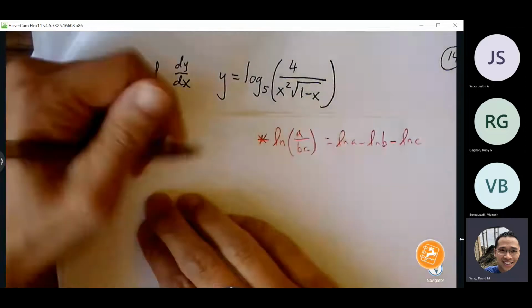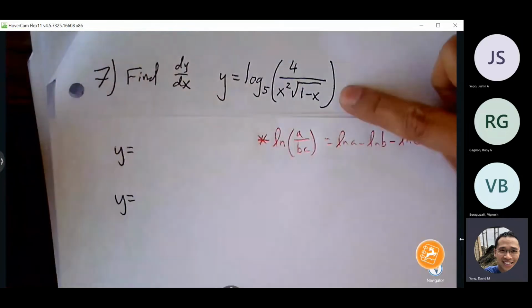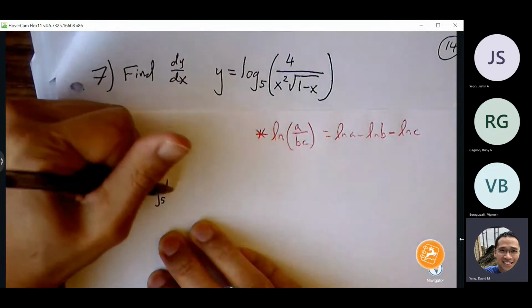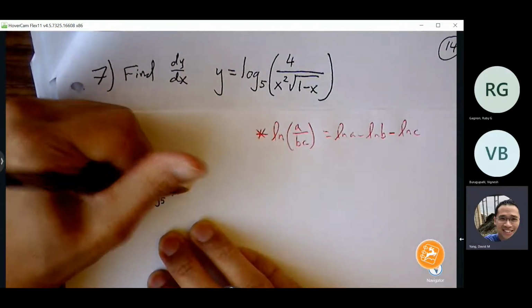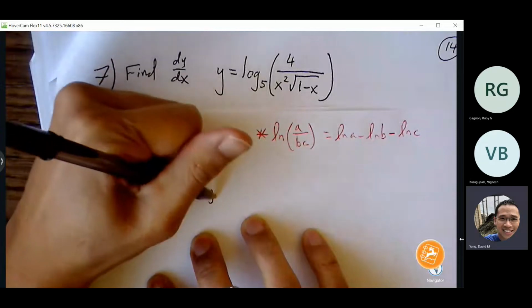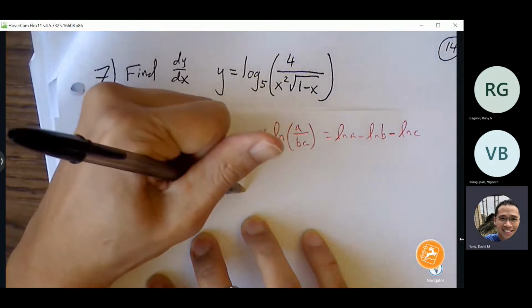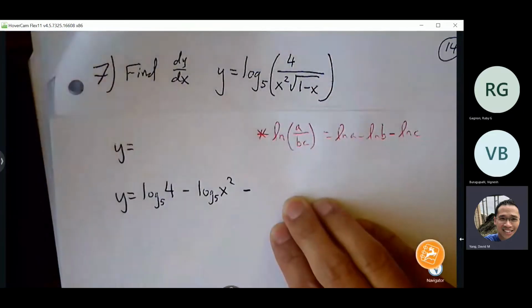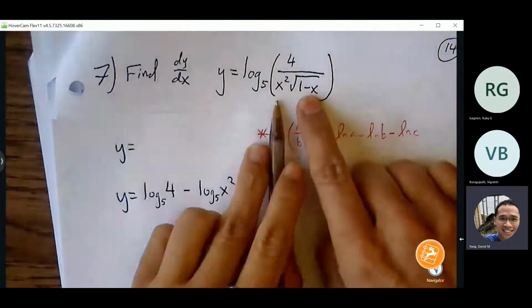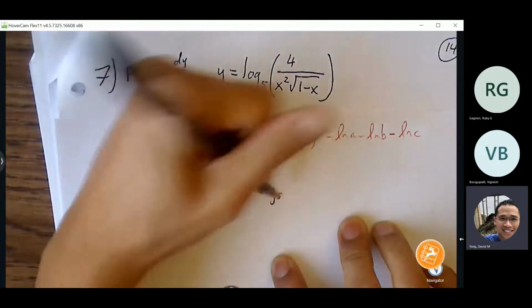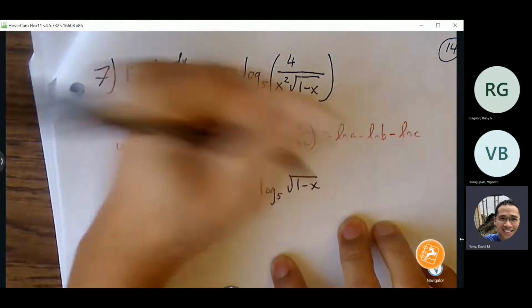Okay, so how would you rewrite this? Y equals log base 5 of 4, minus, okay, minus, yep, these are two separate things. Log base 5 of square root of 1 minus x.